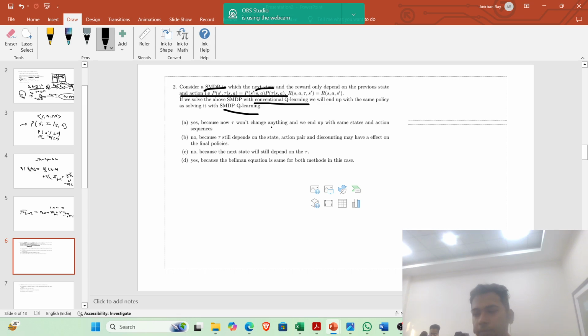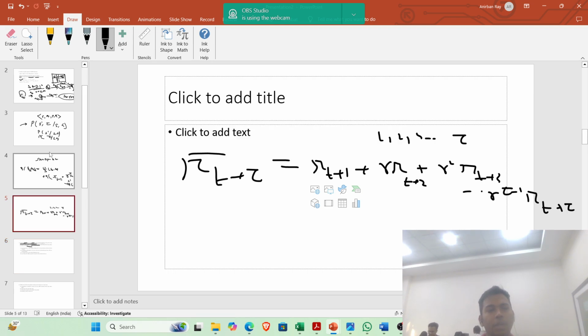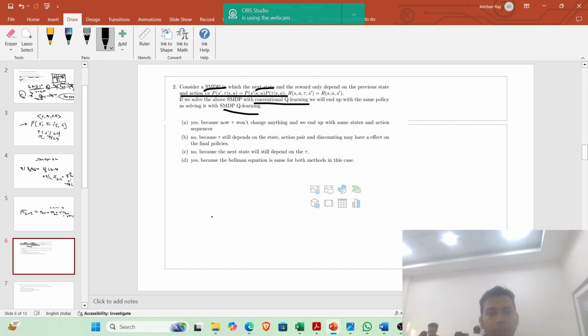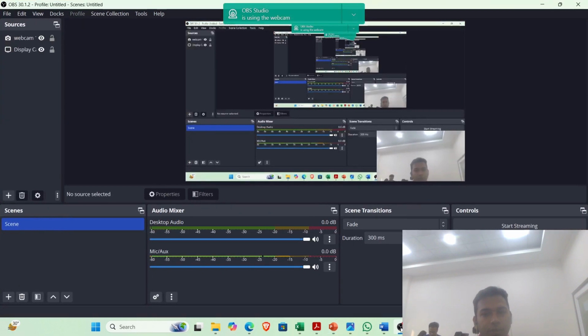That is not true actually, because in this problem you could see that gamma was raised to the power tau. Even if the transition does not depend on tau and only depends on the previous state, the tau factor will still be there, and the discount will be different in the case of SMDP Q learning. So this is the answer.